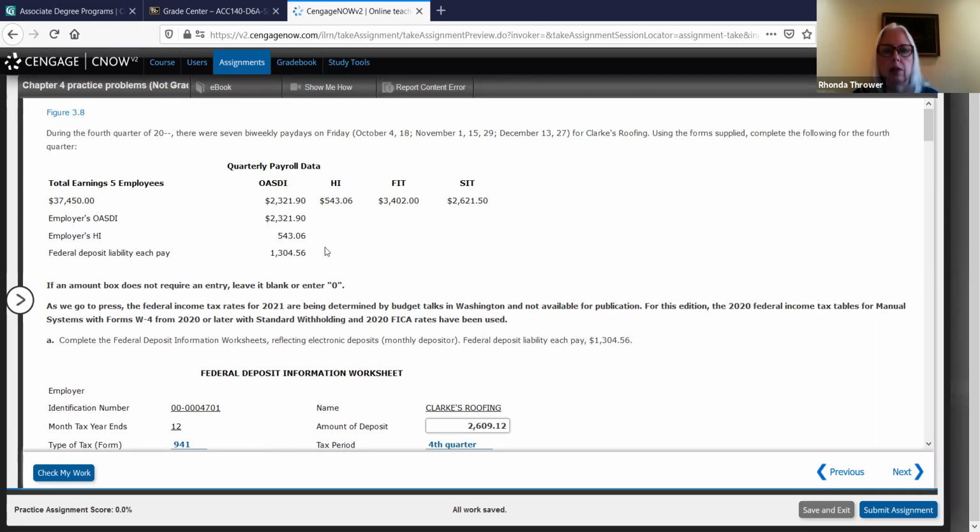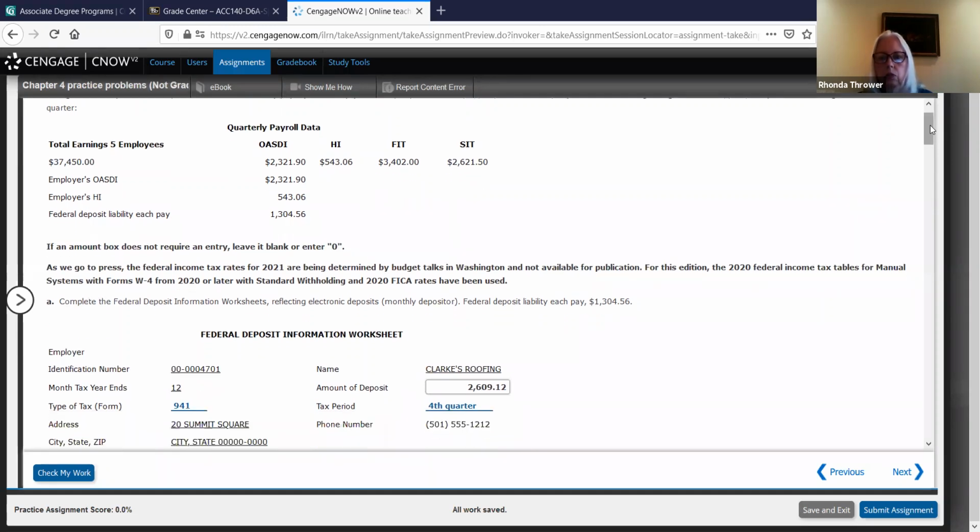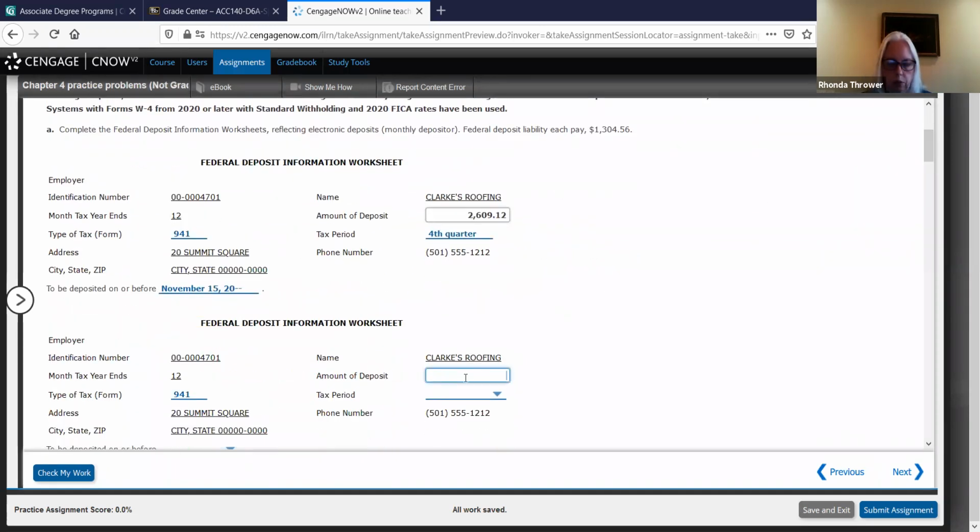So we've got to take the total federal tax deposit liability for each pay period and multiply it by 3, since there are 3 pay periods in November. $1,304.56 times 3 pay periods gives you the amount to deposit of $3,913.68.